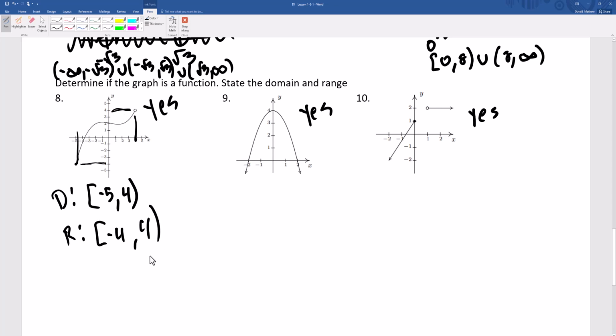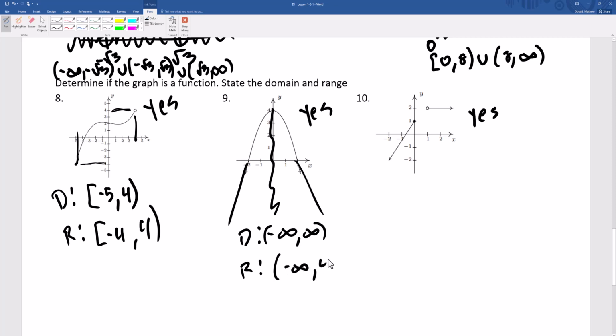Remember, open circle means parentheses. Here it goes forever, so the domain is -infinity to +infinity. And your range, it's going to be all the way down, it's going to stop at 4. So -infinity, and it stops at 4. And I'm going to let you figure that last one out.